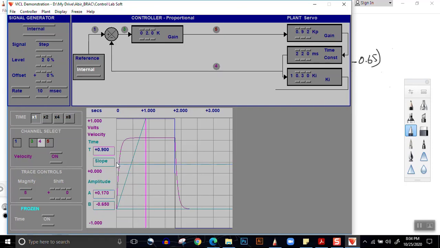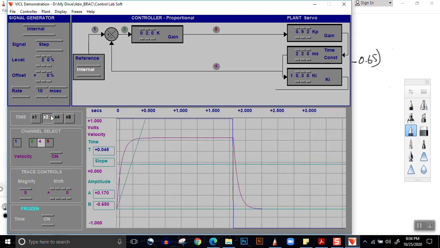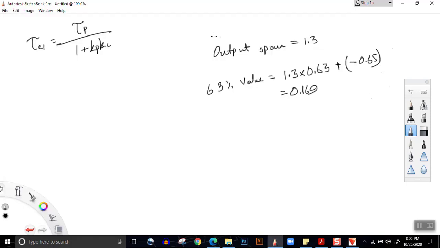We take the time cursor and we place it exactly here. We can zoom it further for our benefit. So the time cursor is at 0.075. So this is our 63% value. The time constant by the 63% method is 0.075. So tau CL practical is equal to 0.075.